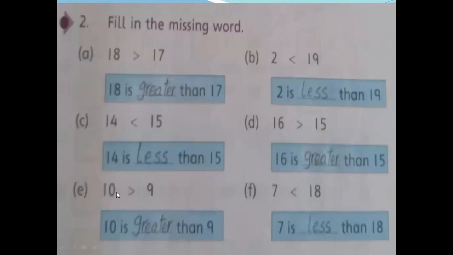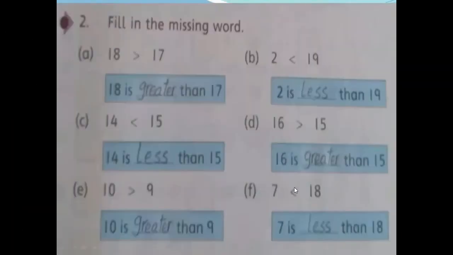So 10 is greater than 9. I am telling you how to identify the sign. If the number is bigger, the sign obviously is greater than. So 10 is greater than 9.